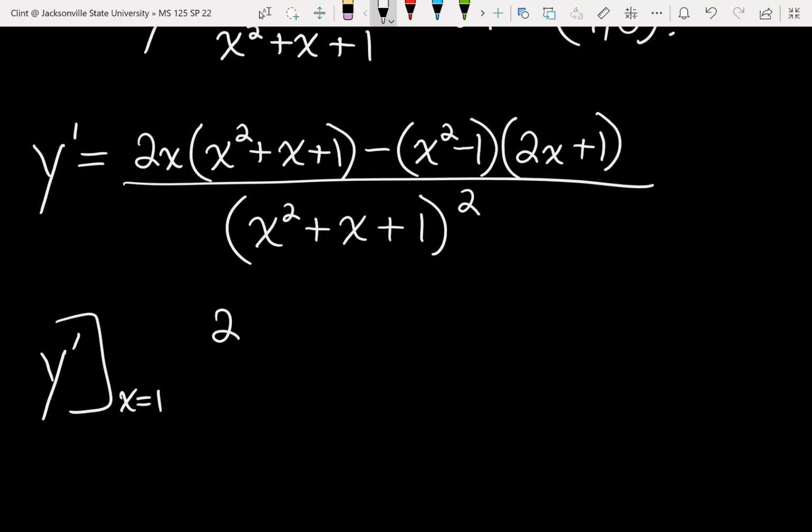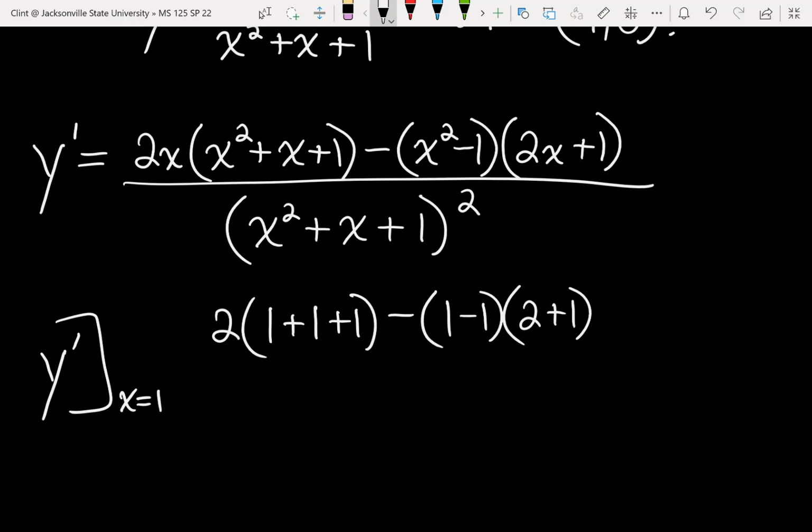So that'll be 2 times 1 is 2. 1 squared is 1 plus 1, 1 minus 1 squared is 1 minus 1. 2 times 1 is 2. All over 1 squared is 1 plus 1 plus 1 squared.